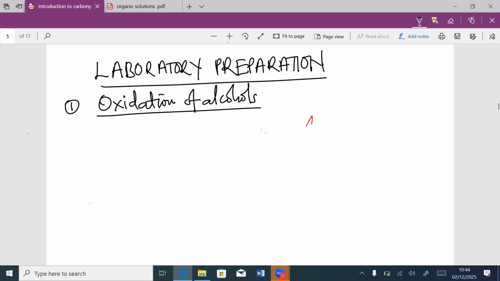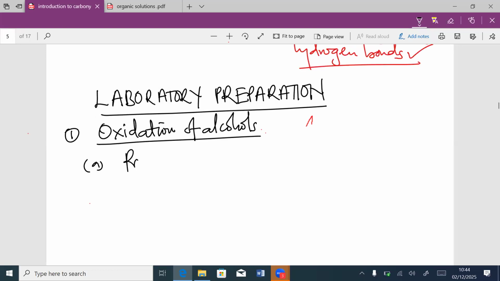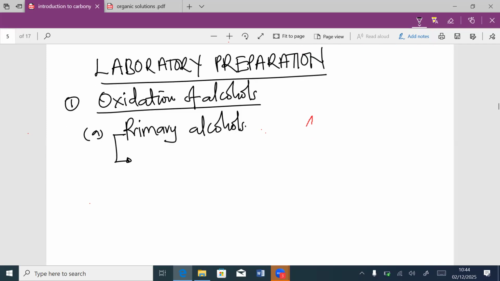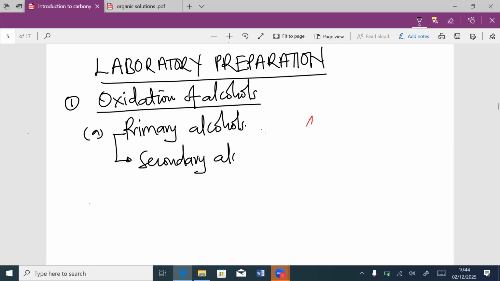By now, we should be able to know that we have two classes of alcohols. Class A is the primary alcohols. The second class is the secondary alcohols.